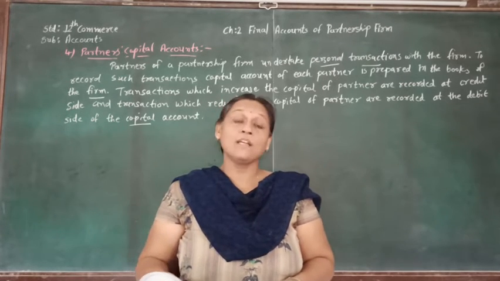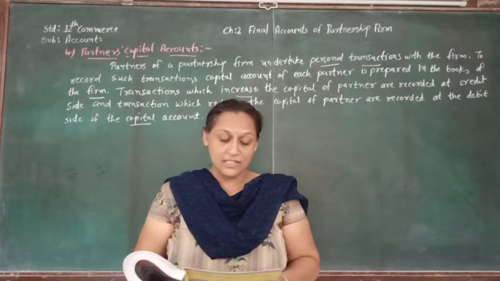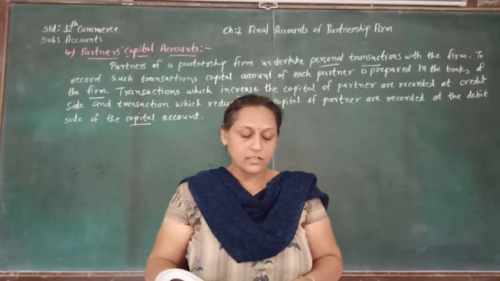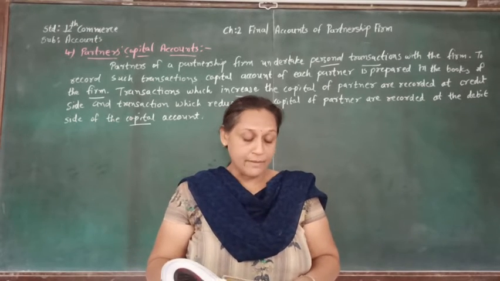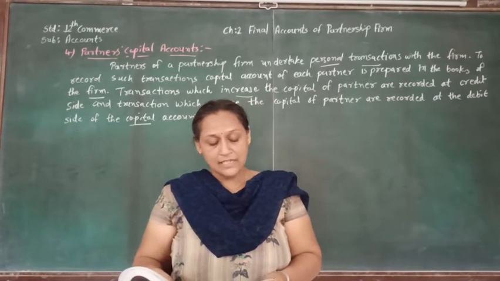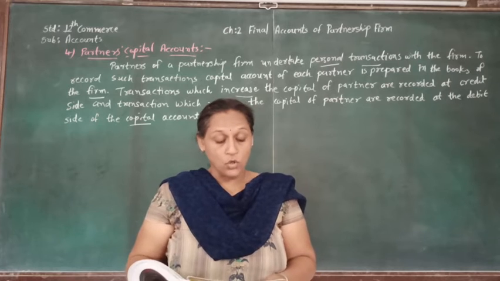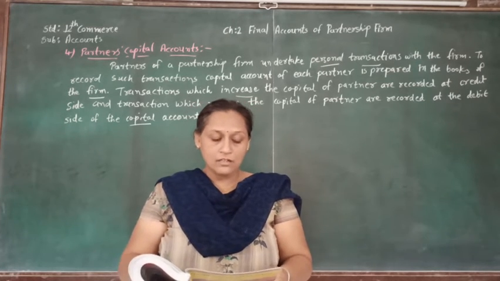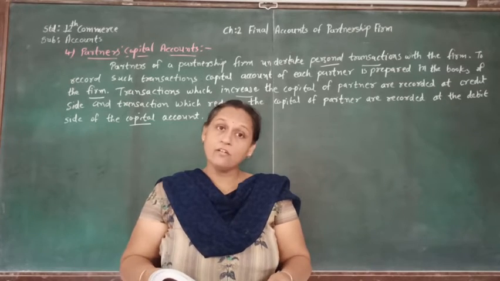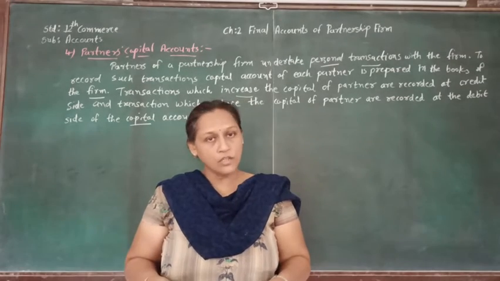Here the opening balance of the partner, if it is a debit balance, is supposed to be written on the debit side. Then on the debit side, the next thing is drawing, and drawing can be taken by the partner in cash or kind or any goods or asset from the firm.